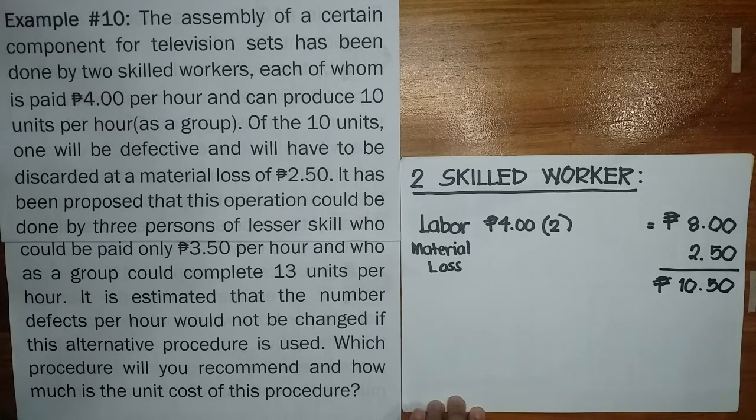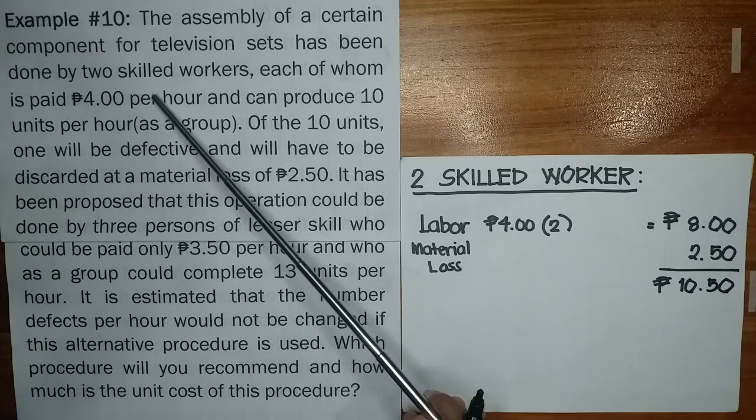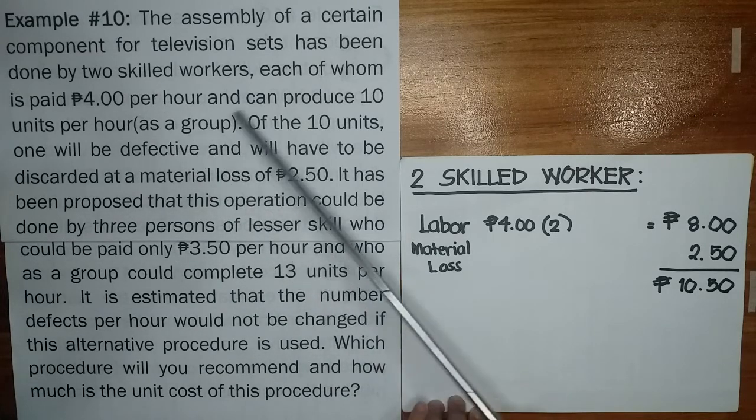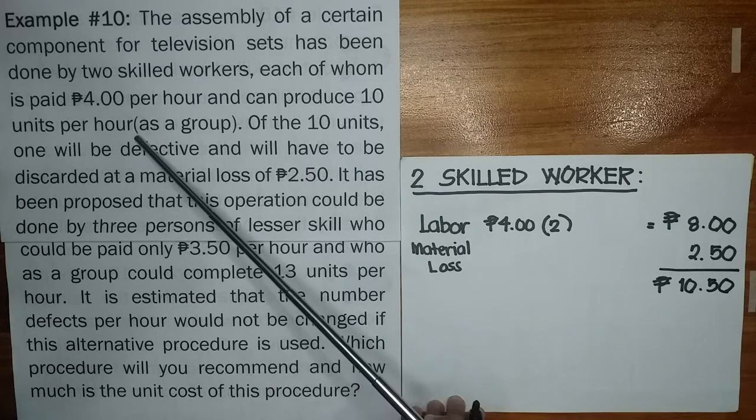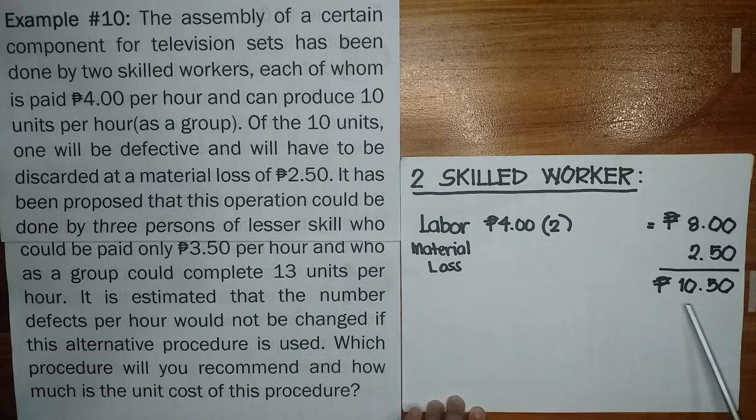But then, it is said that the 2 skilled workers as a group could produce 10 units per hour. So, itong gastos natin na 10 pesos and 50 centavos, i-divide natin dun sa napoproduce nila.